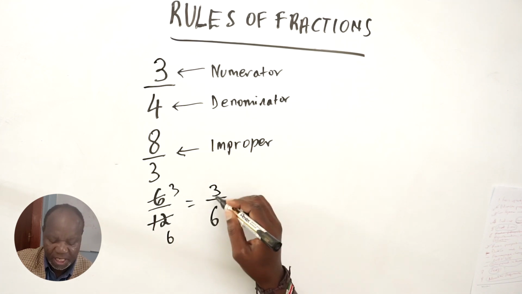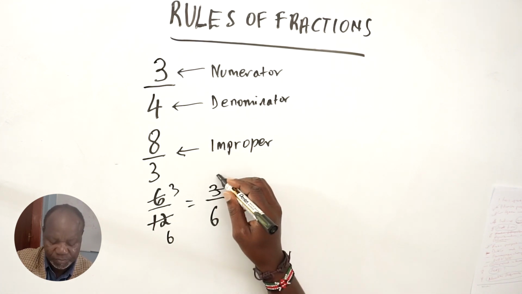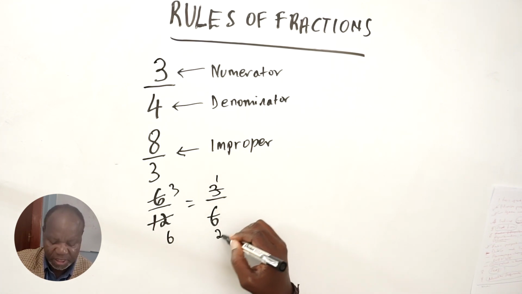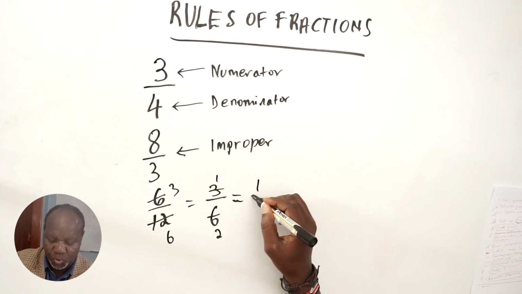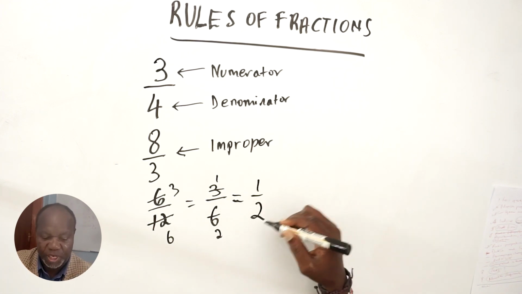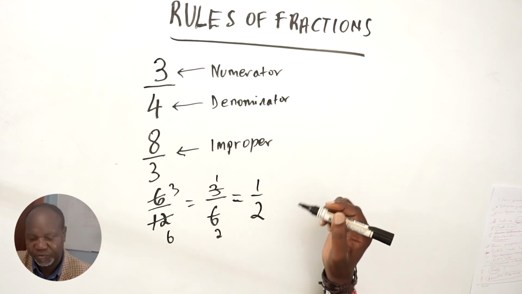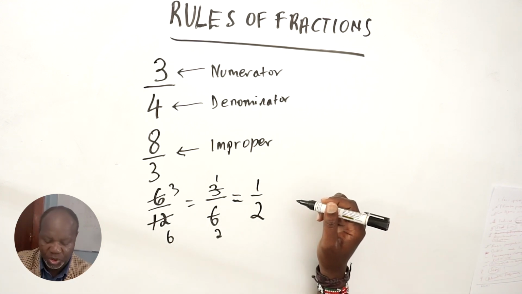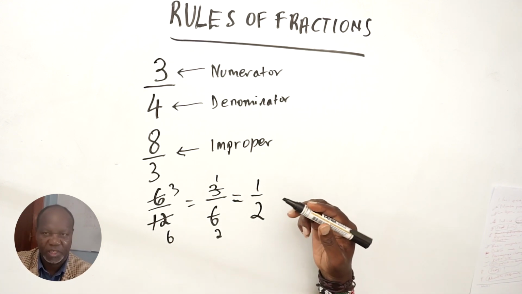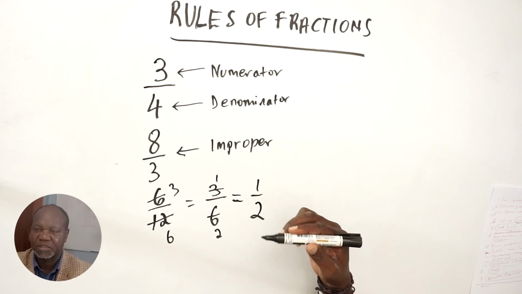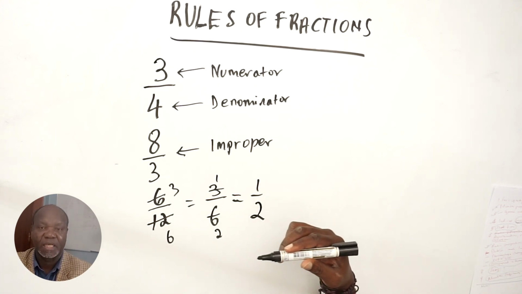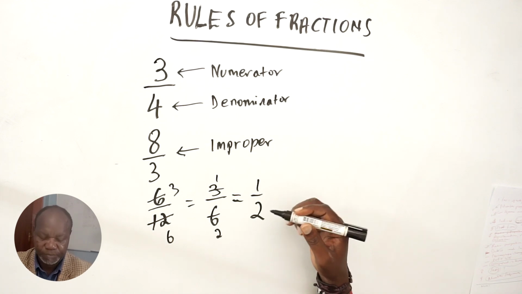Still, 3 can cancel 6 and 3 twice, and you end up with 6/12 becoming 1/2. So we have simplified 6/12 to make it 1/2. So simplifying a fraction would imply trying to see if you can reduce the size of the numerator and the size of the denominator.